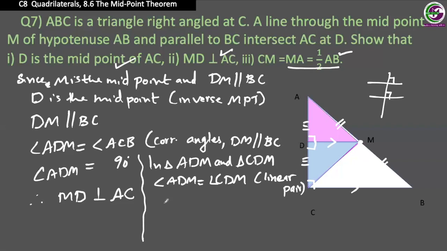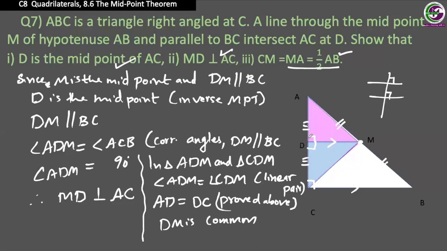Now we've proved that AD is equal to DC, proved above. And side DM is common. So we have side, angle, side. By SAS, triangle ADM is congruent to triangle CDM, which means AM is the same as CM.